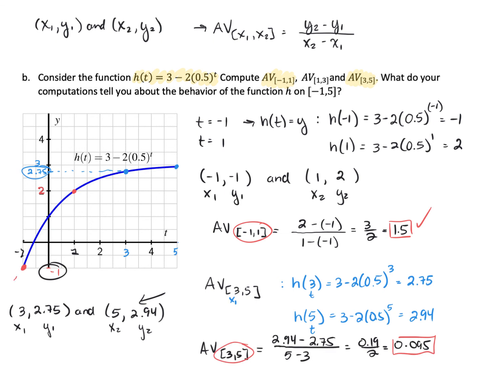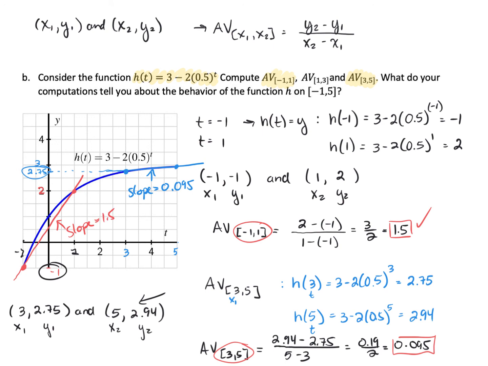I'm going to connect the point at x equals -1 to x equals 1, and hopefully you can see that the slope of this line is relatively steep, whereas if I connect with a blue line the point at x equals 3 and x equals 5, the slope is much flatter because that line has an average rate of change of only 0.095, whereas the slope between the first 2 points has a slope of 1.5, which is much steeper.